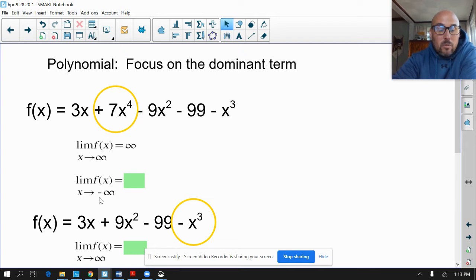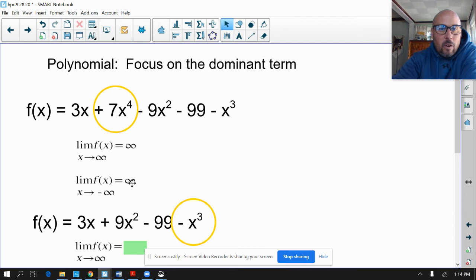And when x gets really small, like negative 100 or negative 200 or negative a million, well, negative a million to the fourth power, you have a negative times itself 4 times. So all the negatives cancel out, making it, again, a really, really large positive number. So to the left, the y values also approach infinity.